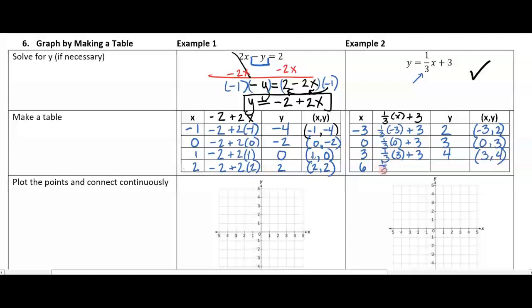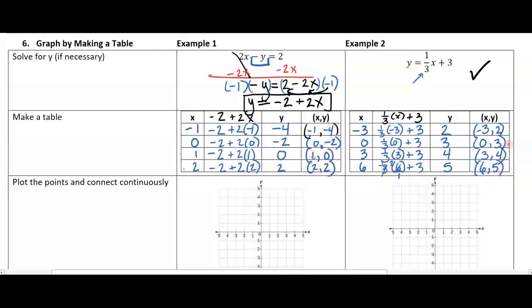And 1/3 times 6 plus 3. 1/3 times 6, this isn't 1/18, that's 6/1. 6/3 reduces is 2, plus 3 is 5, or 6, 5.